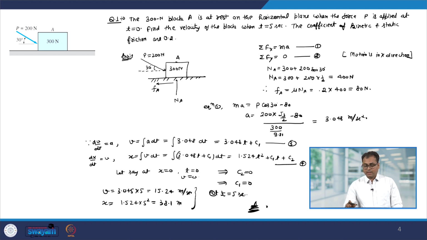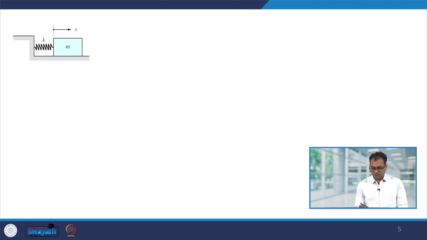Now, let us look at another problem based on a spring. The question statement is the following: the block of mass m slides on a horizontal plane with negligible friction.